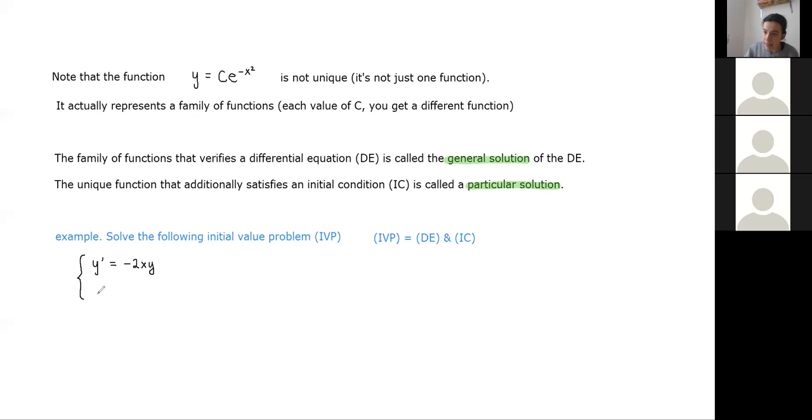Okay, and then I need this function to also verify that y of 0 is equal to 4. So this over here is my differential equation, whereas this is my initial condition.